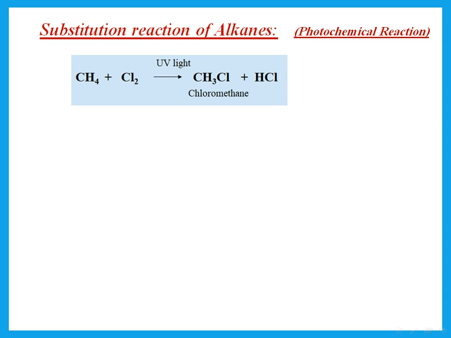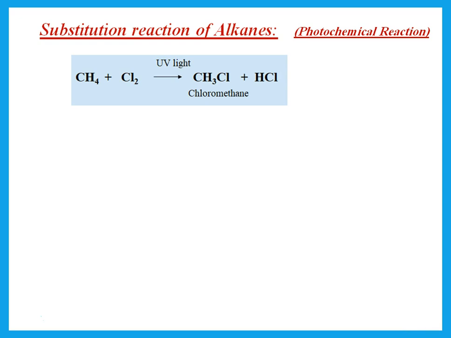And what happens is one of the hydrogens anywhere in the alkane is removed and replaced with one of the halogen. So I'm starting with CH4. I will end with CH3Cl.